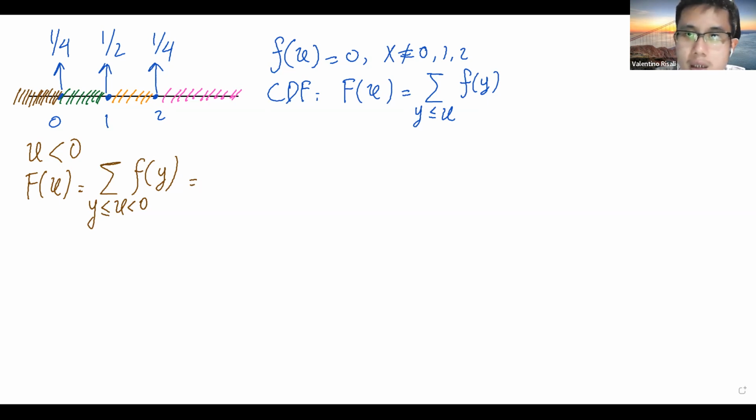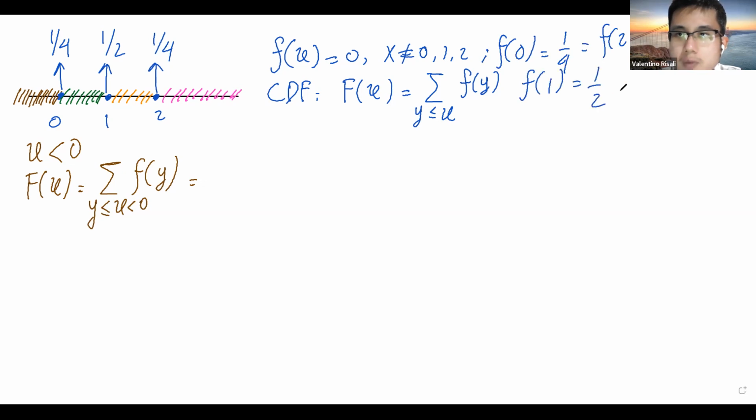From the illustration, we see that the value of f(0) is 1/4, f(1) is a half, and f(2) is 1/4. And we have this sum of f(y), y less than 0.